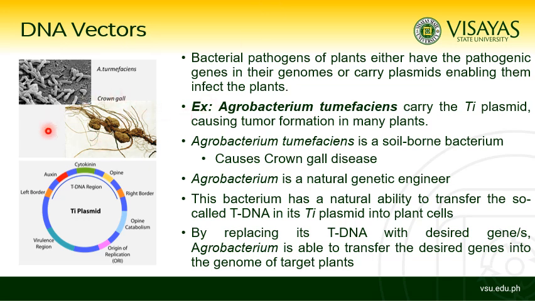So, these are the galls. And this is the plasmid with the tDNA region. So the tDNA region is what is inserted into the host cell. Crown gall formation will occur whenever the bacterium releases the Ti plasmid into the plant cell cytoplasm.